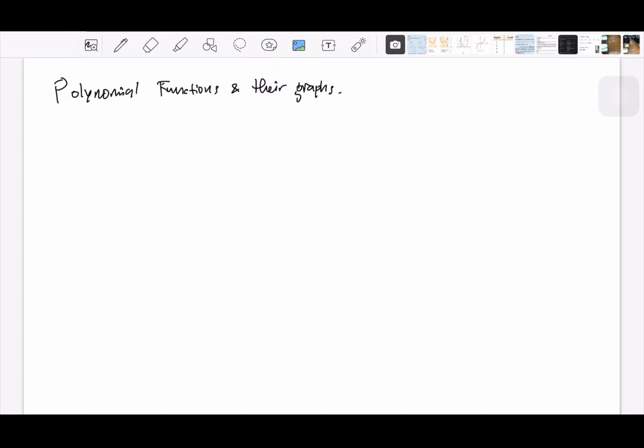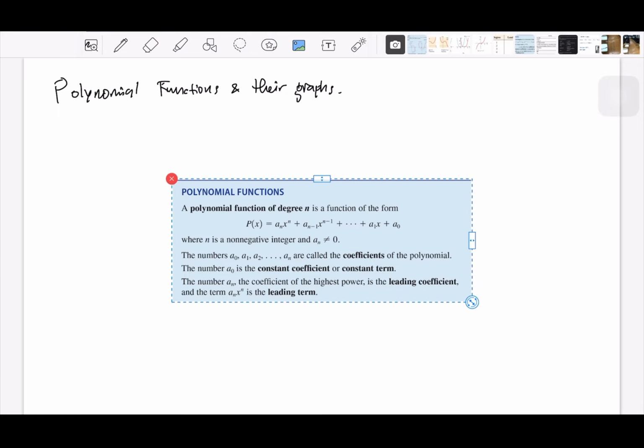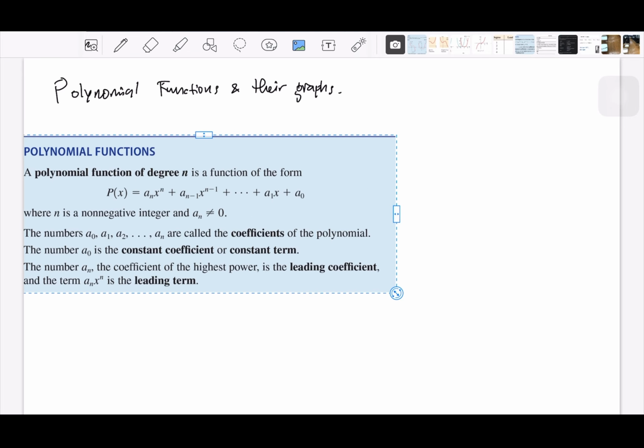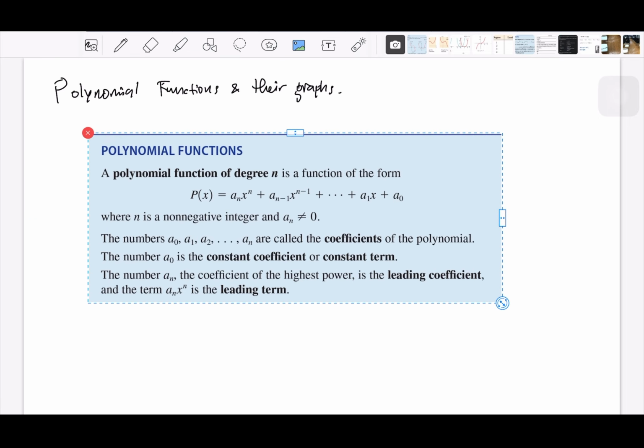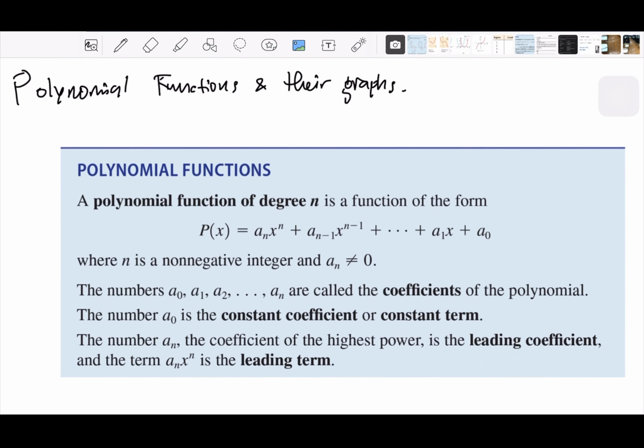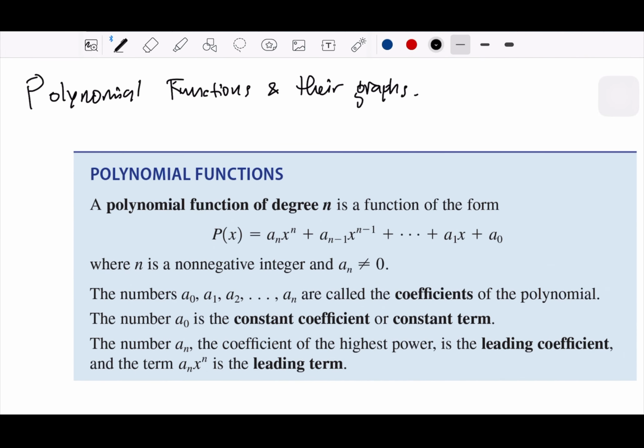So first, let me give you some terminology, and this is for all kinds of polynomial. Any polynomial will have this general form, P(x). Usually we say P(x), P is for polynomial, and we have this constant, and we have this variable x, which we have for every degree that can be possible in these terms.